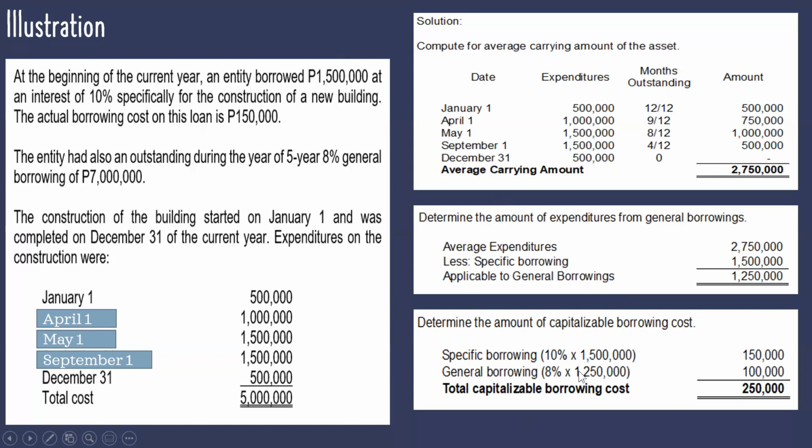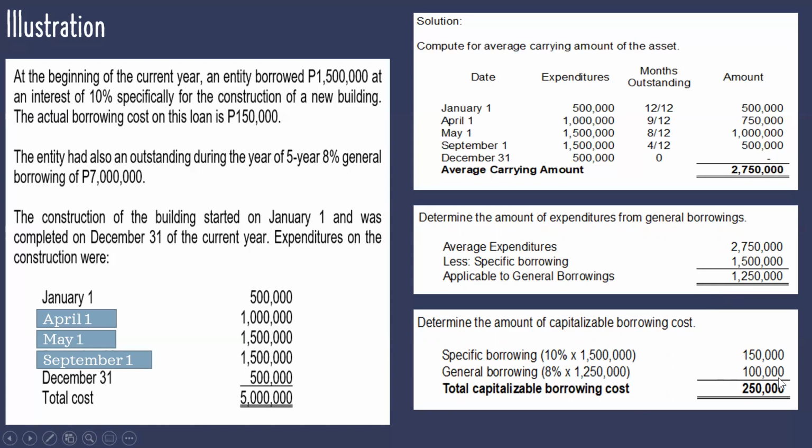Pero since hindi naman lahat na expenditures ay galing sa general borrowing, so merong specific borrowing. So what we are going to multiply here is only the amount of the expenditures na deemed to be coming from the general borrowings. In this case, that's 1,250,000. So yung 8% natin, multiply natin by 1,250,000, it will give us 100,000.